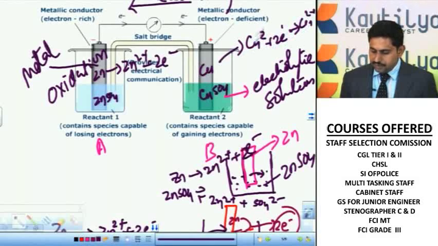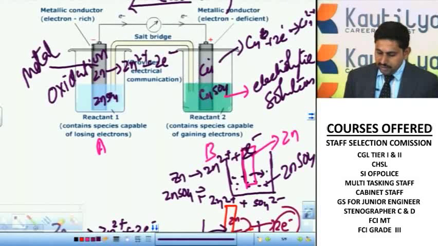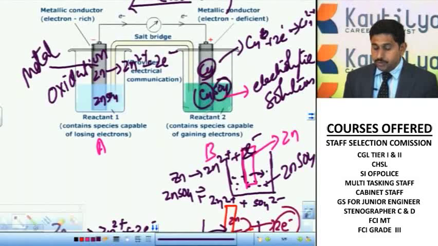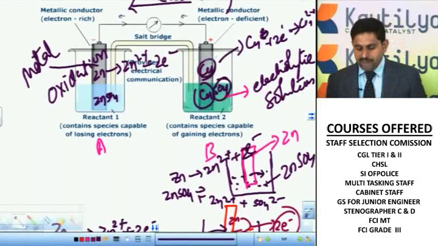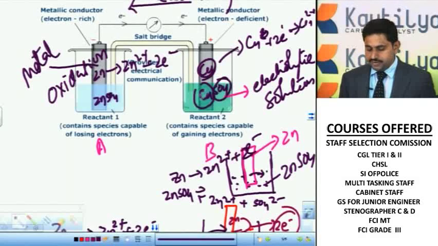Remember, this copper metal is accepting the electrons from the zinc. So the Cu accepts 2 electrons and is converted to Cu2+.